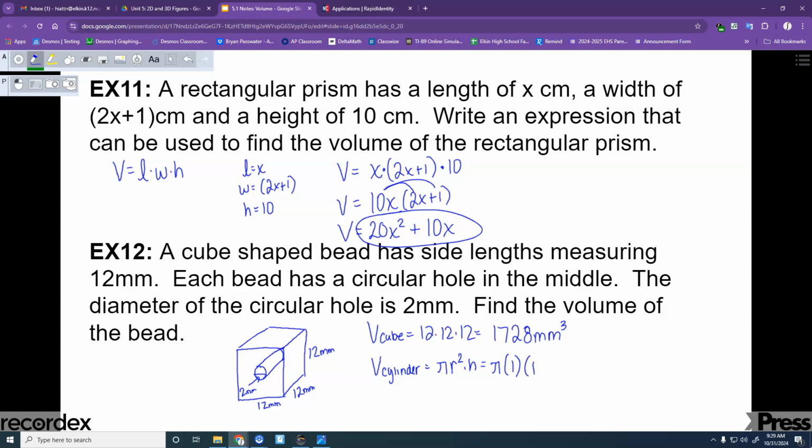It is 12. It kind of looks like the length of your hole, but think about taking that and turning it so it's sitting on the base. It's going to go all the way through, the same length as one side of the cube. So if I do pi times 12 there, I will get 37.6. I'm going to just go 37.7 on this.